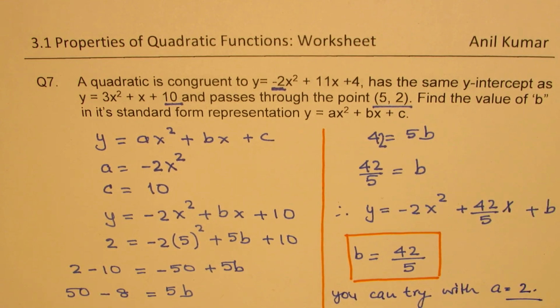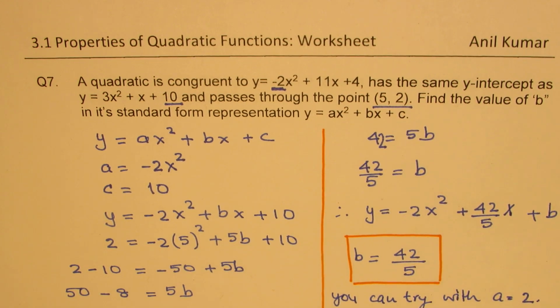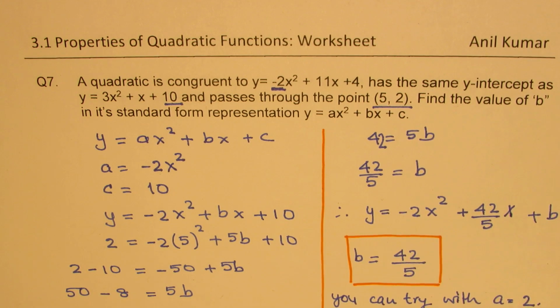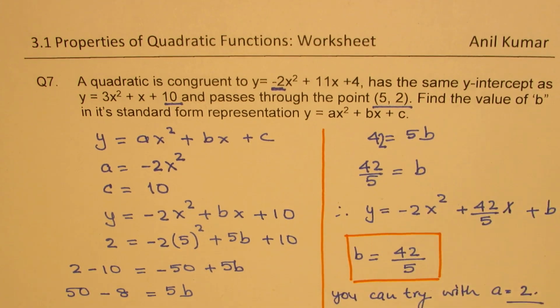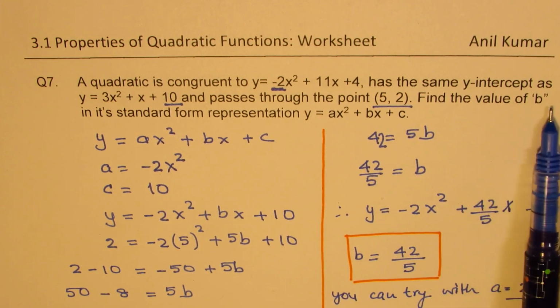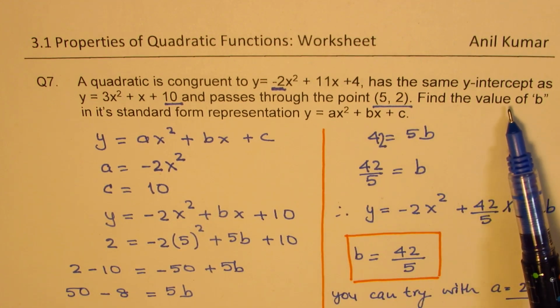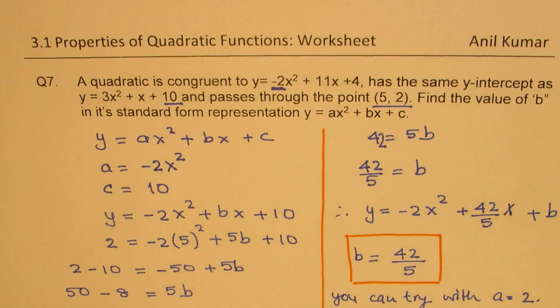Even then we have a congruent function, and you will get a value of b, which will also be the correct answer, right? So this will be plus 50 in that case, so we'll have, in this case, minus 58 divided by 5. That will be the b value. Perfect. So I'm not doing that, just finding one, as it says find the value of b in its standard form. So if this would have been values, I would have definitely found the other value also.